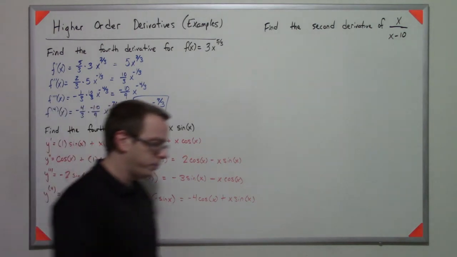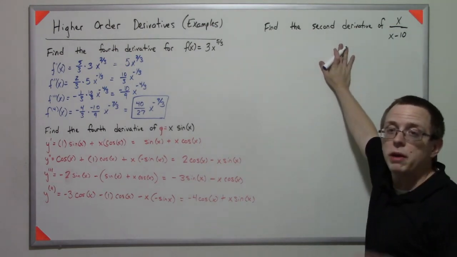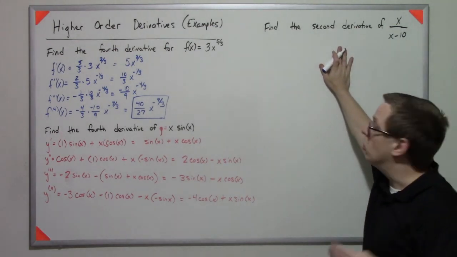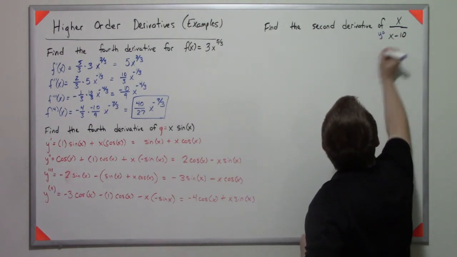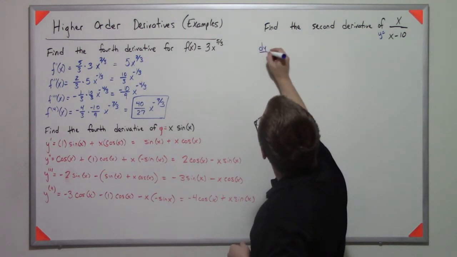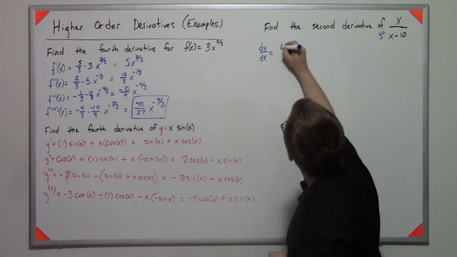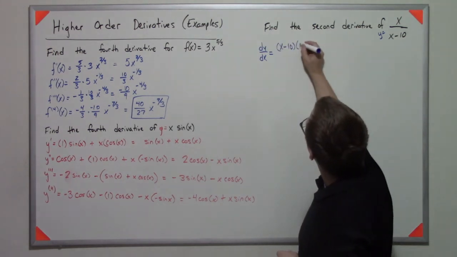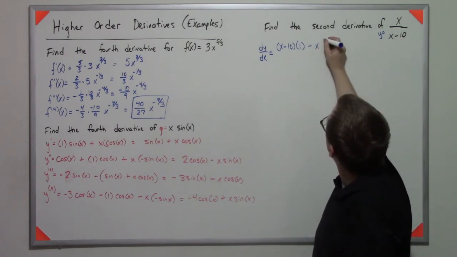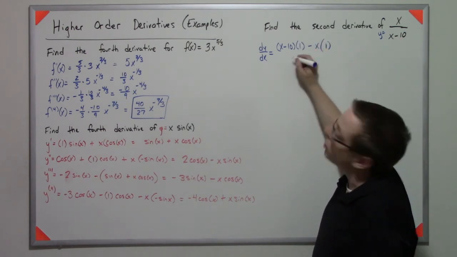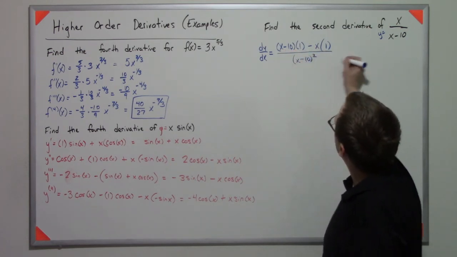But anyway, for this, what we're going to have to do is we're going to have to do a quotient rule. So if we call this y, then we're going to have to say dy dx is, we're going to say low d high minus high d low, so derivative of low, or the derivative of the denominator, which is 1, over low, low.